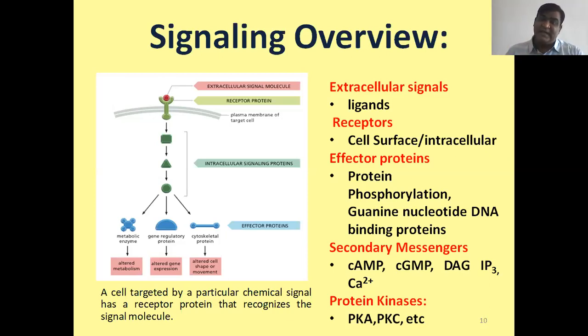Sometimes there is a cascade of kinases, as we will see later on. So protein kinase A, protein kinase C, protein kinase G, and almost 700 different kinds of protein kinases are there in the cell, which reiterates the importance of kinases in our cell and signaling cascades.